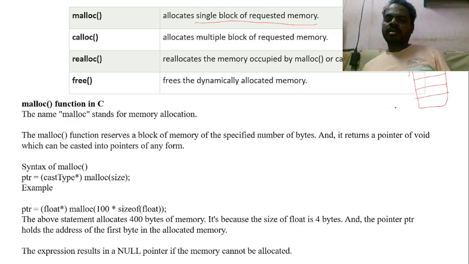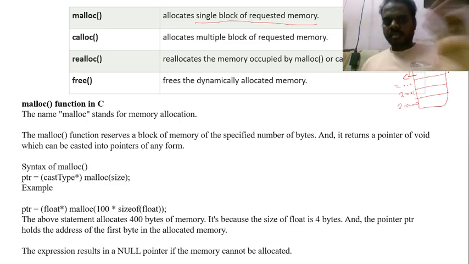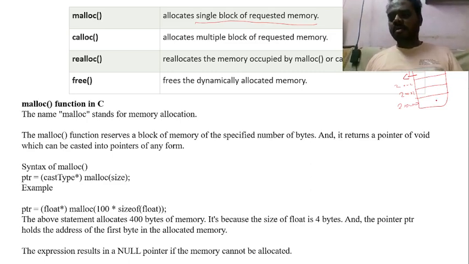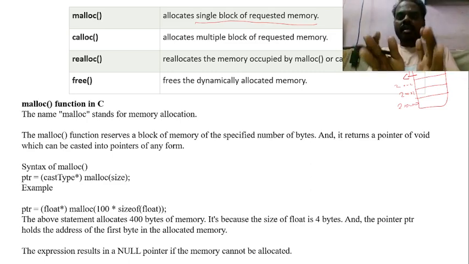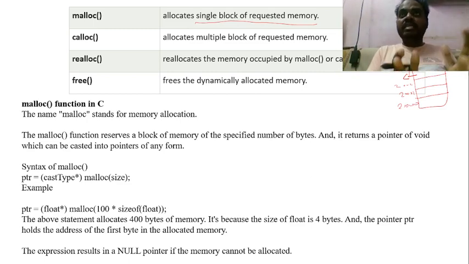I start my first address as 2000, the second address is 2001 and 2002, and so on up to 2050. Each and every box is a block. If you want to allocate memory in a single block, you should use the malloc concept.